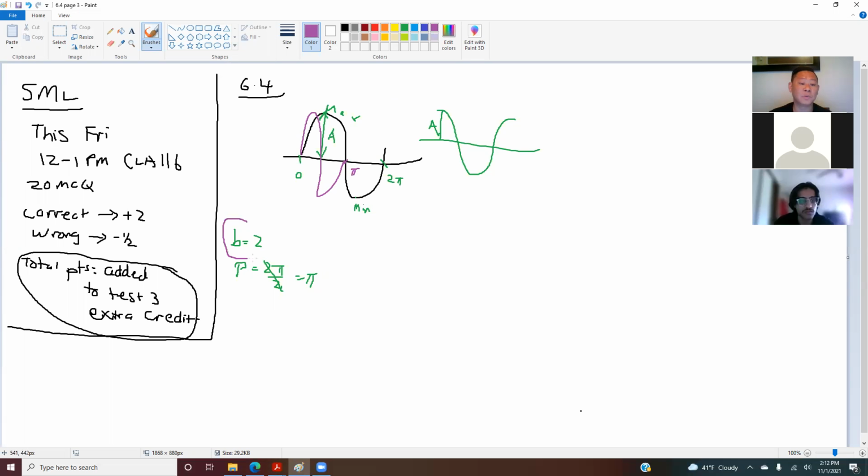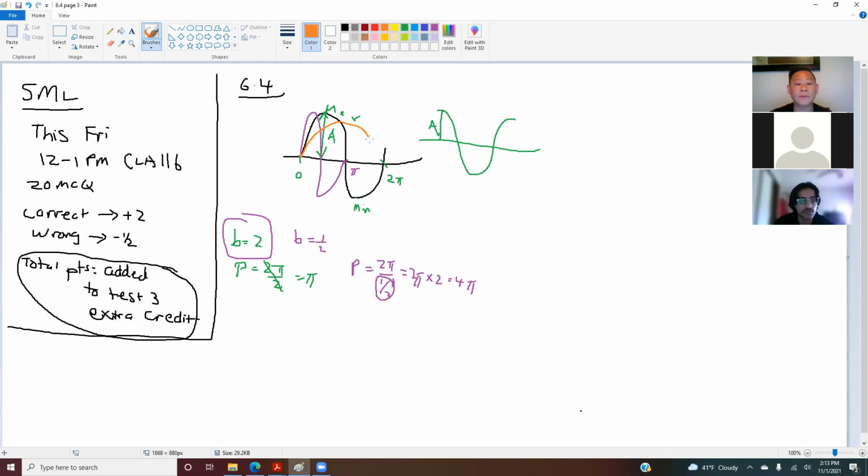So if your b is 2 in this case, and your b can be anything, if your b is 1/2, then your period is 2 pi over 1/2. This is the same thing as 2 pi times 2, because when you divide by a half, the division becomes multiplication and you flip the fraction. So this is actually 4 pi. So what happens when your b is 1/2?